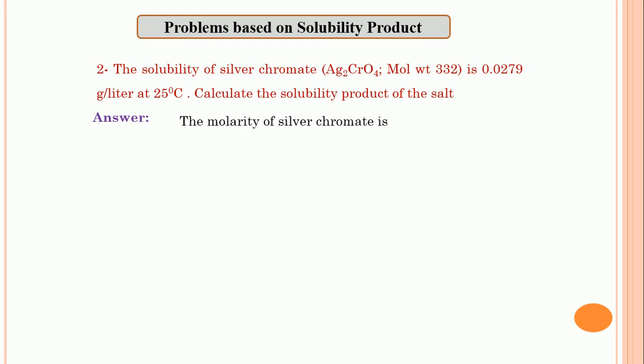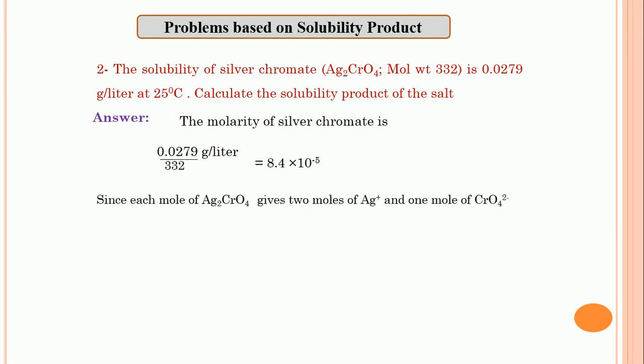So first do the conversion. Solubility is 0.0279 gram per liter divided by the molecular weight, that is 332, and it is 8.4 into 10 raised to minus 5. So put the values in the equation of Ksp. How to write the Ksp?